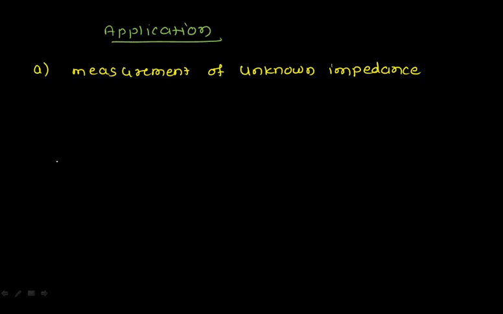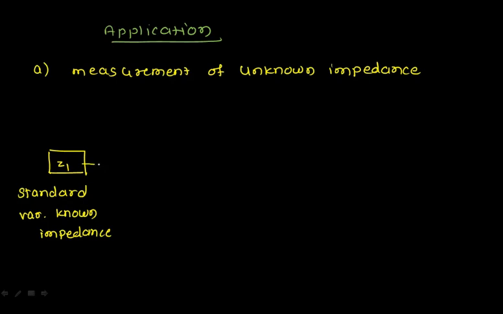So first, connect your known impedance, that is a standard, variable, known impedance, to port number 1. This will be your port number 2. Now connect the unknown impedance, in which you are interested, to port number 2.